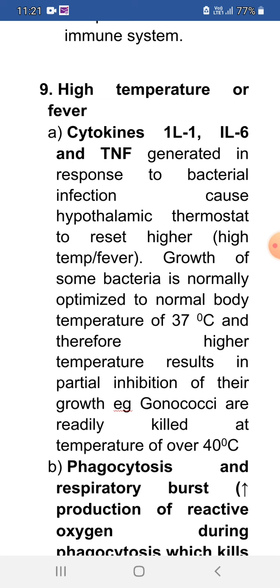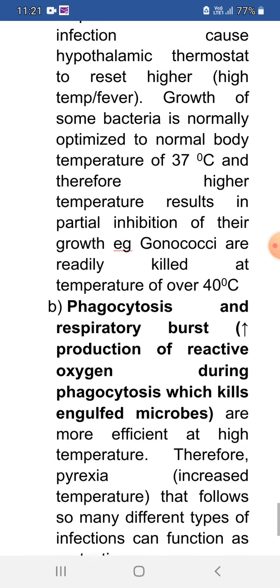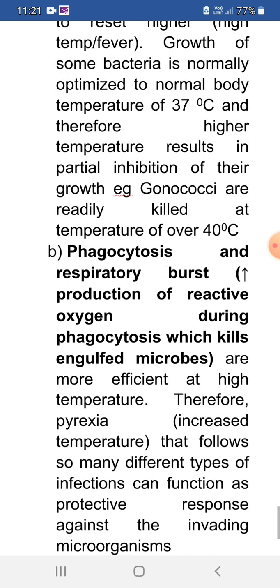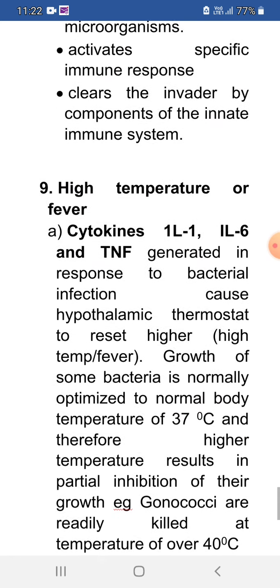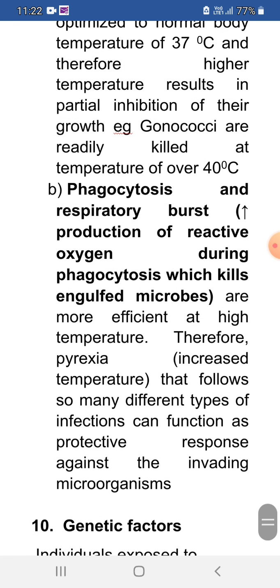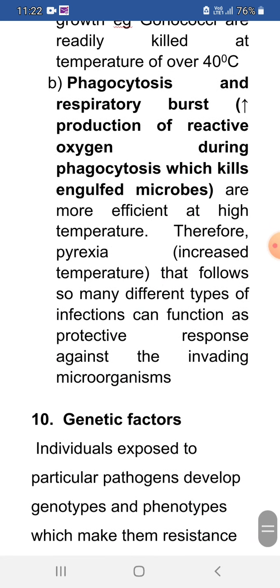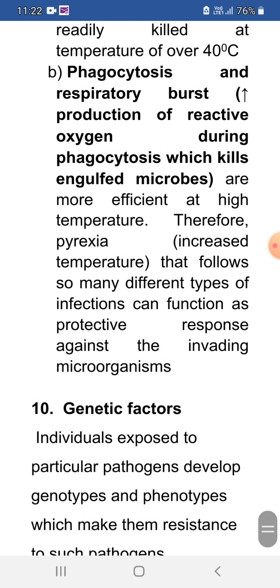So at high temperature or fever, the microorganisms are then killed. Another thing that occurs during high temperature is that high temperature favors phagocytosis and the killing of microorganisms which have been engulfed by reactive oxygen.